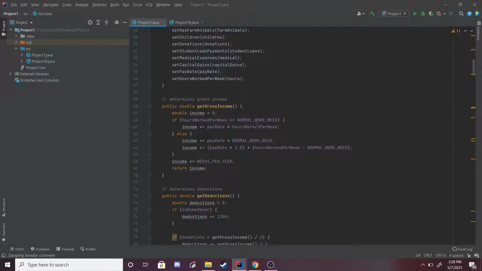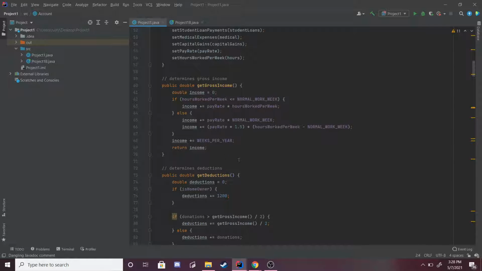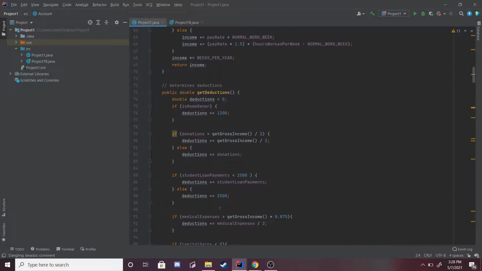Unless, the income equals the pay rate times normal work week, plus the pay rate times 1.5 times hours worked per week minus normal work week. And it'll return income.